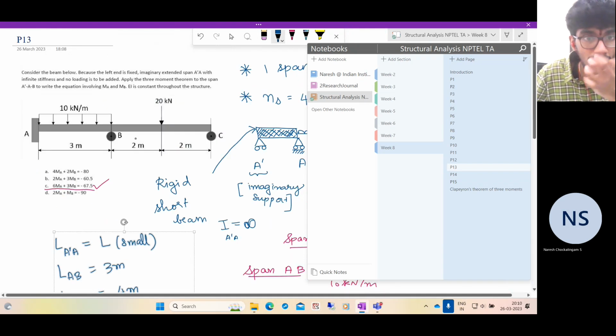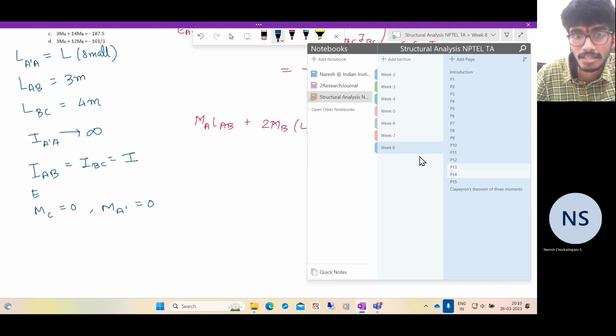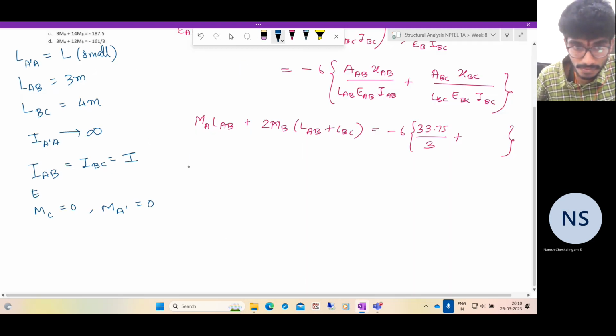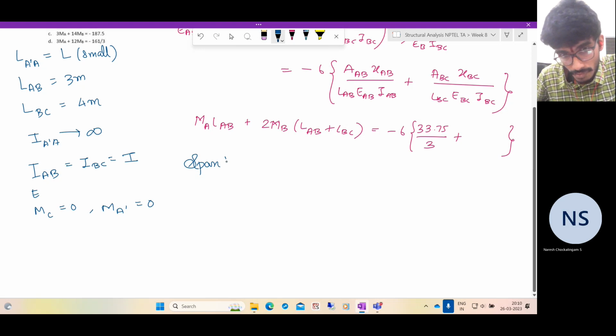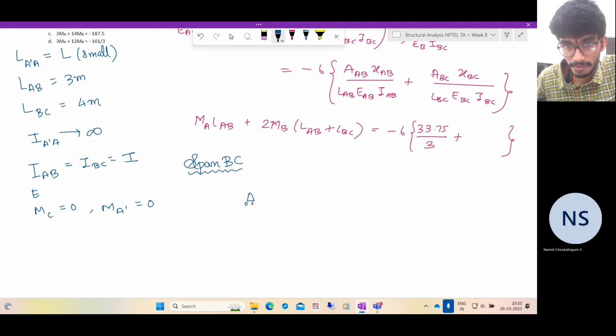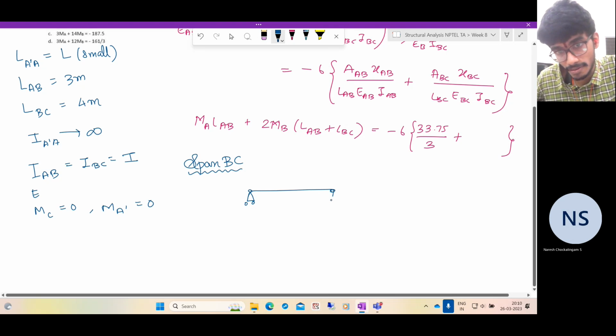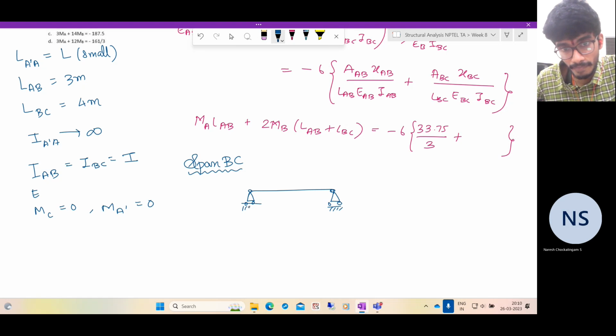So in span BC, you have a midpoint load of 20 kilonewtons. Span BC, you have something like this, and you have a midpoint load of 20 kilonewtons.